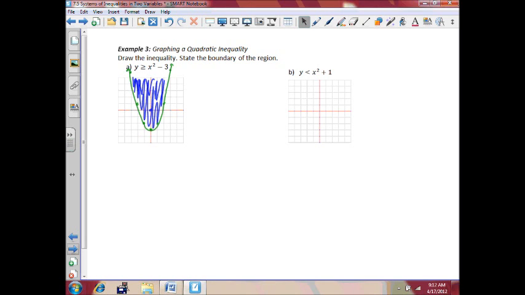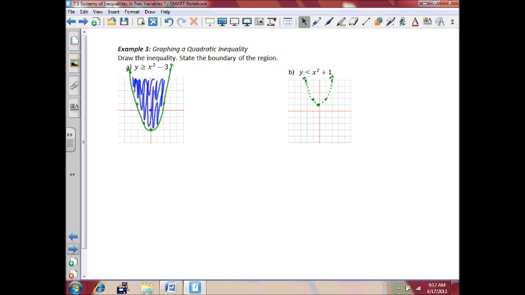Now if we do the same thing here, y is less than x squared plus 1. X squared plus 1 will look like this. And because it's just less than, it's going to be a dotted parabola. Now it says it's less than that. Well, let's check some regions.